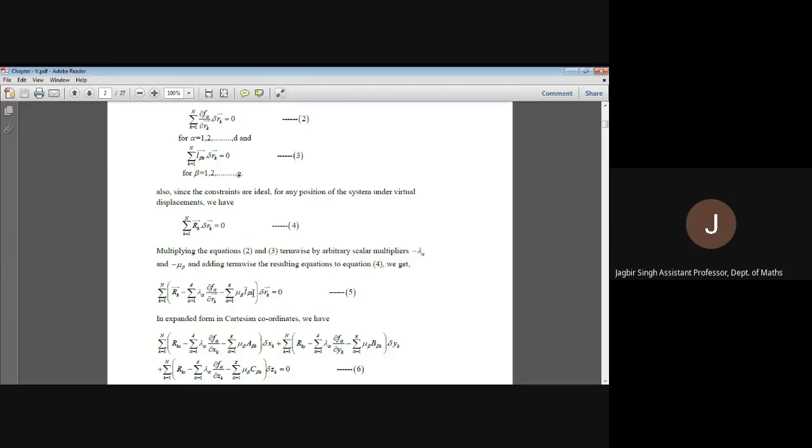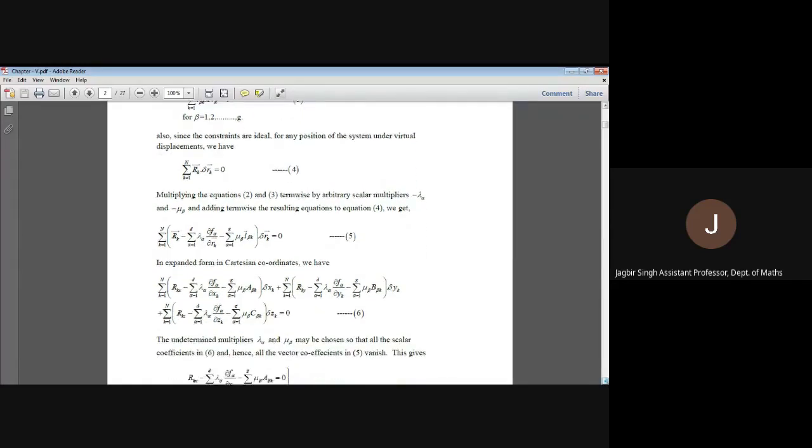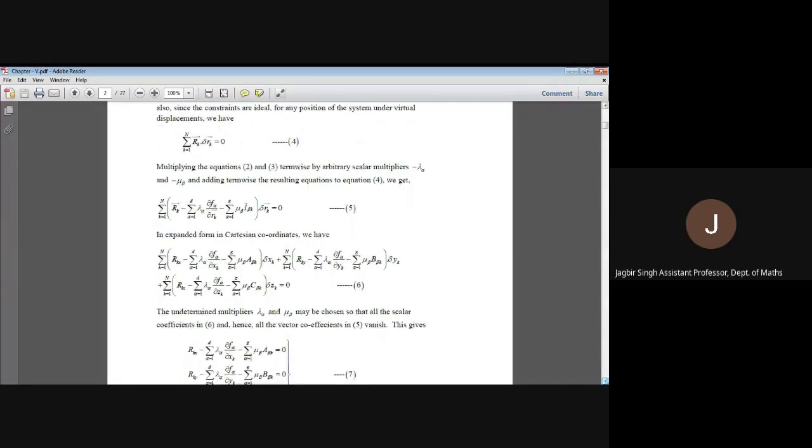Now, let us explain this in Cartesian coordinates. We have the dot product of two vector quantities, one inside the bracket and the second del Rk. So we will have Rkx minus summation alpha from 1 to d lambda alpha curly f alpha by curly xk, minus summation beta from 1 to g mu beta a beta k, times del xk. Similarly the y components and similarly the z components, equal to 0.